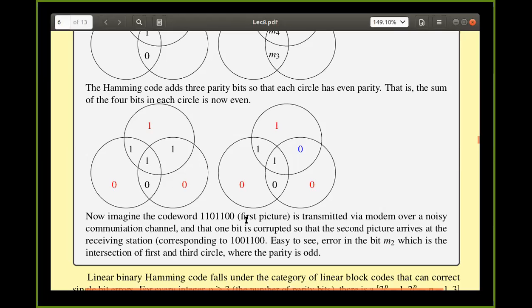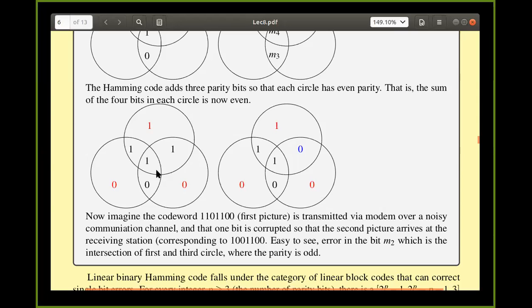Okay. So this is 1101 and 100. It is transmitted via modem over the noisy communication channel, and 1 bit is corrupted, so the receiver gets the second picture. I hope you understand what is happening. Which symbol changed now?